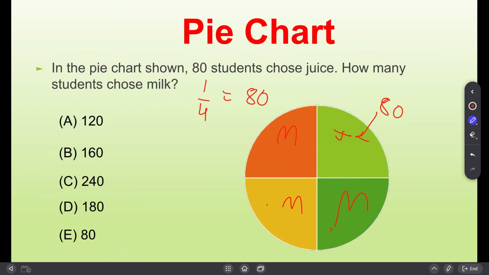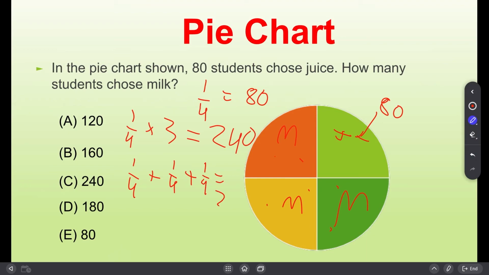So we're just going to do 1/4 times 3. Since we have 3 1/4s, we're just going to multiply that by 3. And this would also equal 240. And basically 1/4 times 3 is also just 1/4 plus 1/4 plus 1/4, which also equals 240.